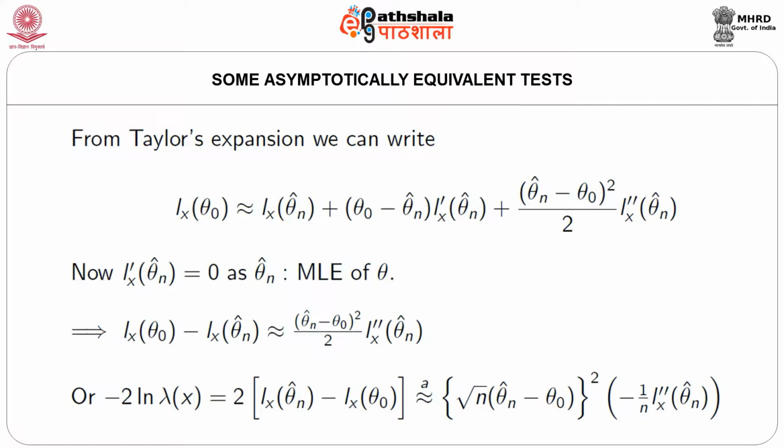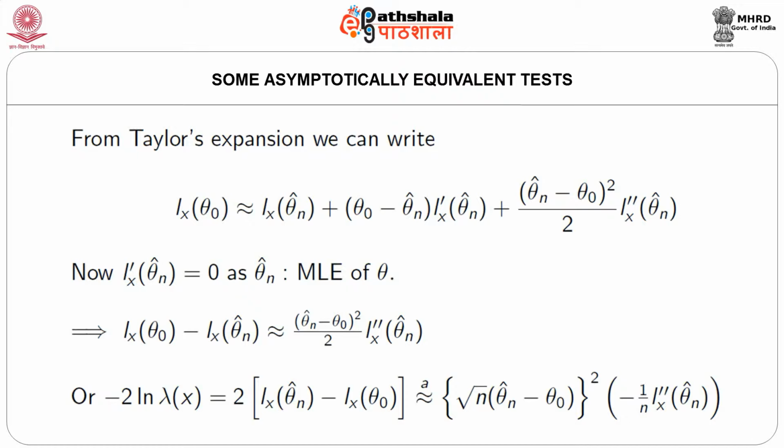Obviously, small lx prime and small lx double prime denote the first order and second order derivatives of the log likelihood function small lx. Now, small lx prime theta n hat is equal to 0 as theta n hat is the maximum likelihood estimator of theta. So, as a result, twice small lx theta n hat minus small lx theta naught is approximately equal to theta n hat minus theta naught whole square times minus small lx double prime theta n hat.